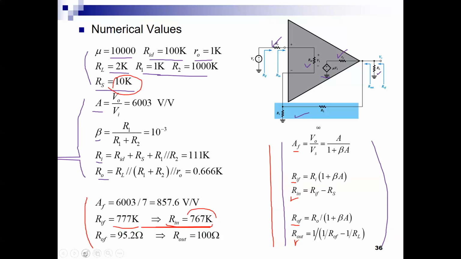Meanwhile, for RL and Rout, he says that ROF he finds to be 95 ohms, RL is 2K, so he says 1 over 95 ohms, which is about 0.0105, minus 1 over 2K equals 1 over Rout. What is the value of Rout? Or do the equation directly as you see it, but watch the units and then find the quantities. So it's just a numerical application.